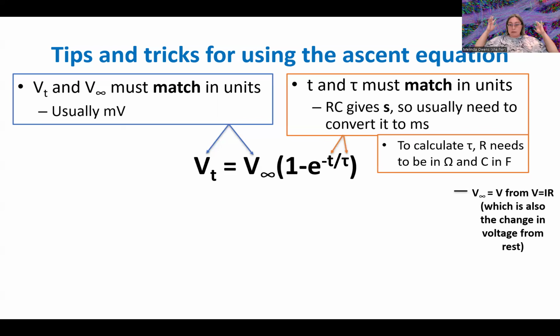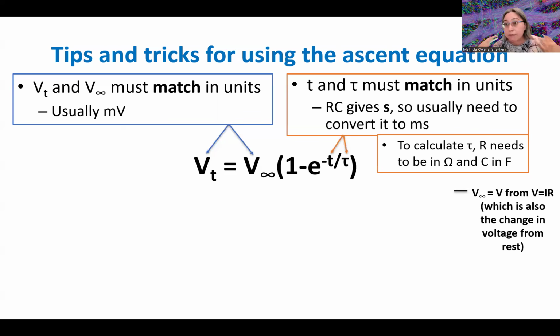So big picture, stepping back, in general, when you're doing the unit conversions, if your equation involves multiplying or dividing different types of units together, you have to convert them to the base unit. So for example, to calculate tau, you're multiplying a resistance by a capacitance.